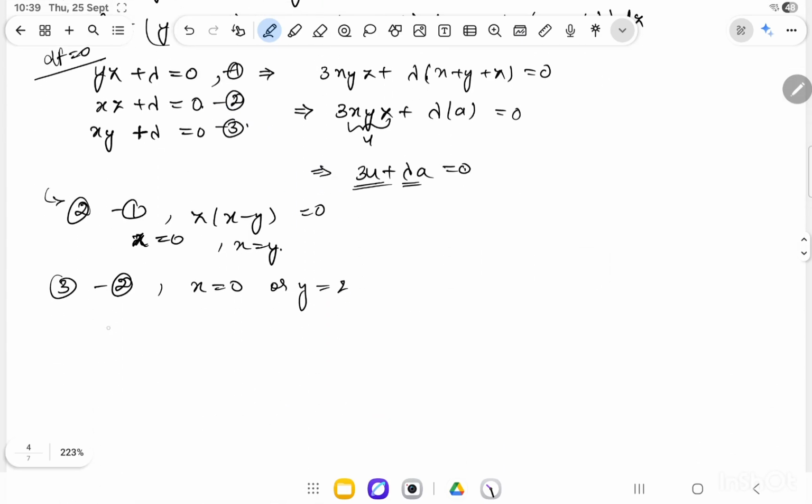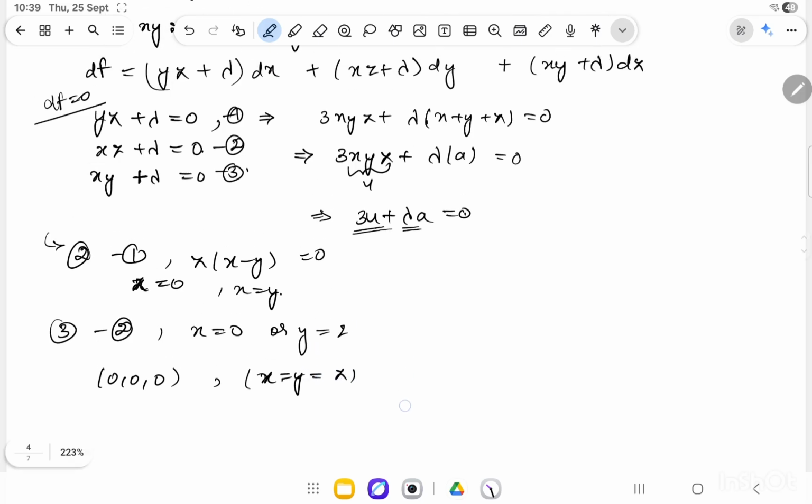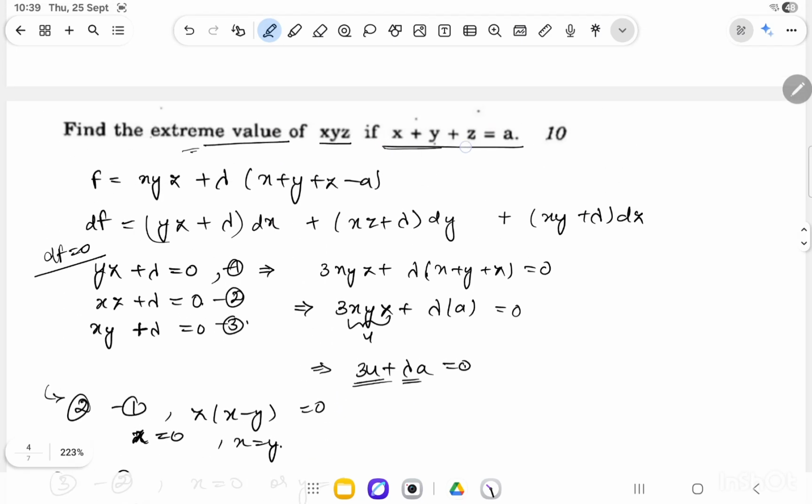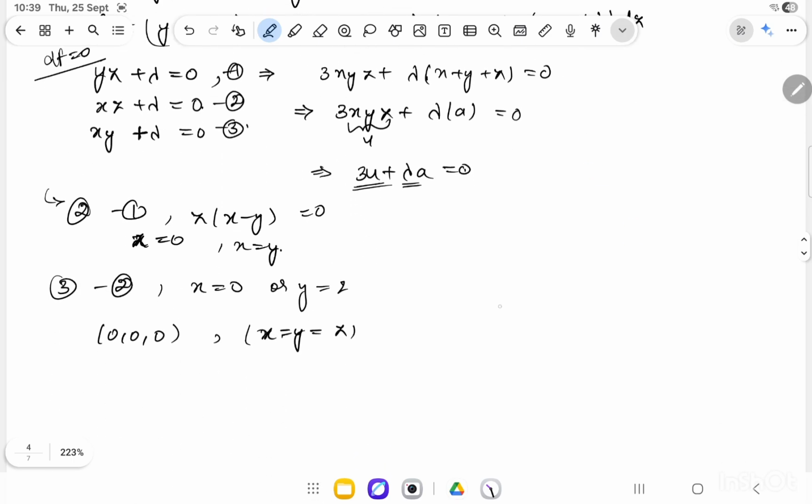So there are 2 points, that is (0, 0, 0) and x equals y equals z. If we take x equals y equals z, then the relation gives us 3x equals a, that is x equals a by 3. So another point will be (a by 3, a by 3, a by 3).